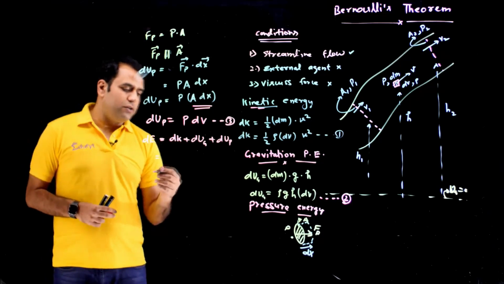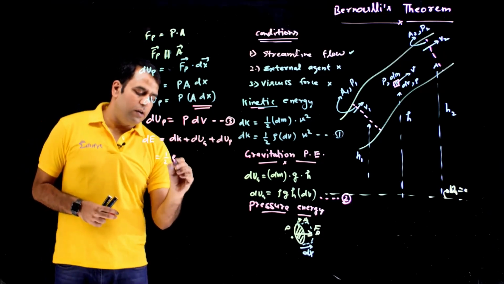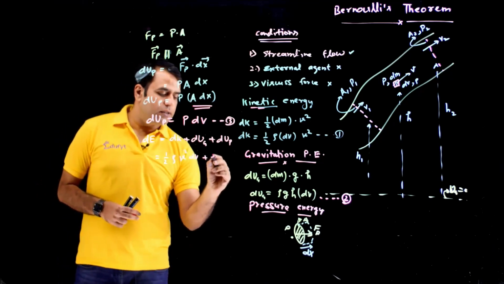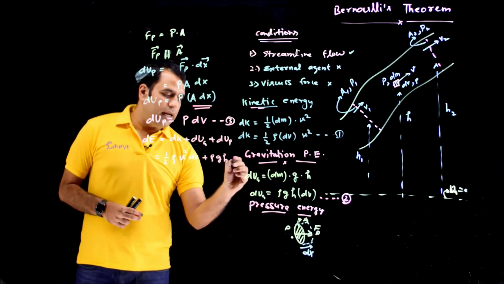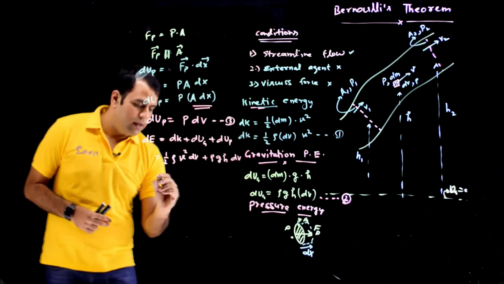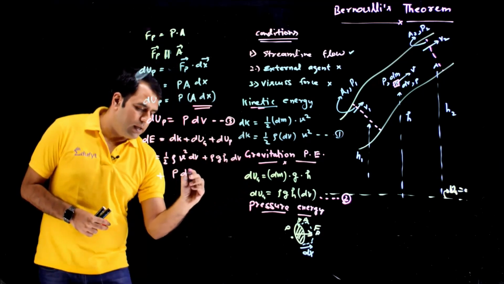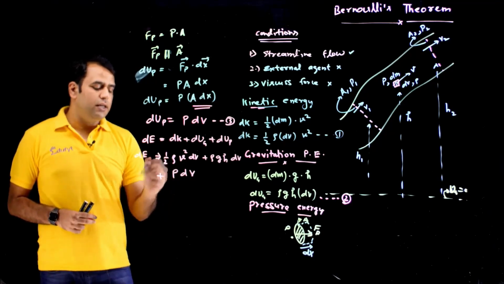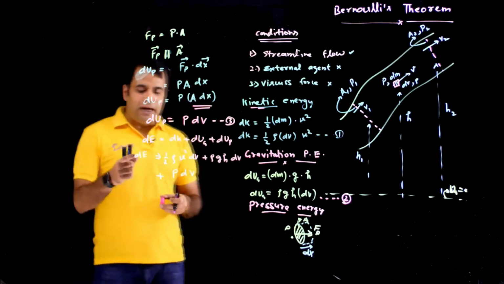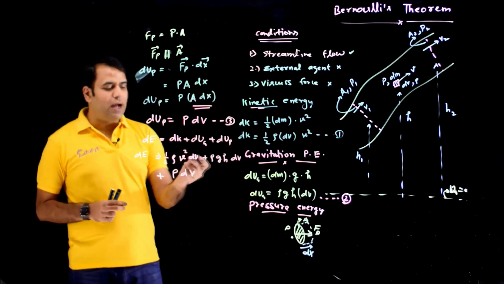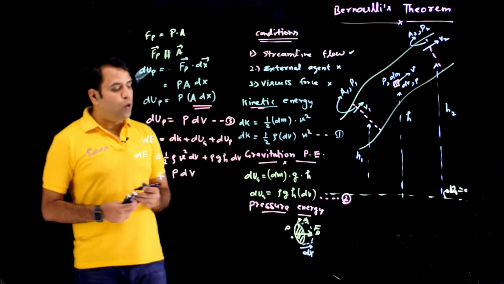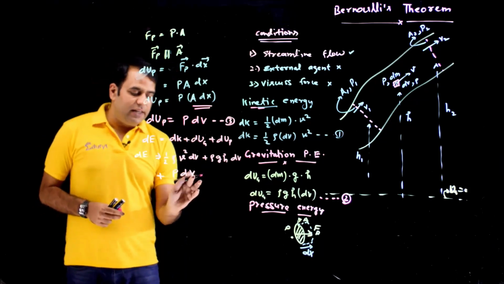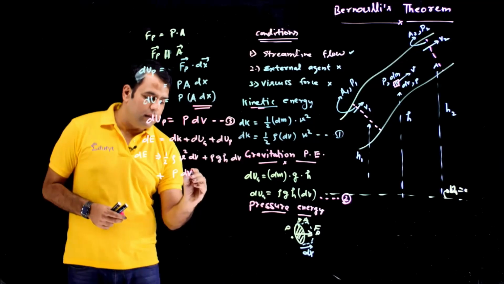If you put the values, it will become half rho v square dV plus rho g h dV plus P dV. That becomes dE. So for the test volume, mechanical energy becomes half rho v square dV plus rho g h dV plus P dV.